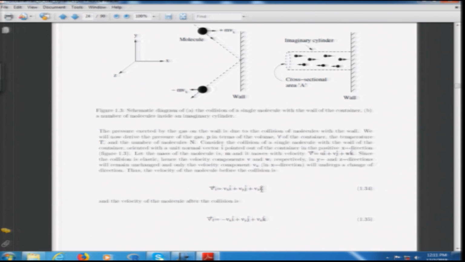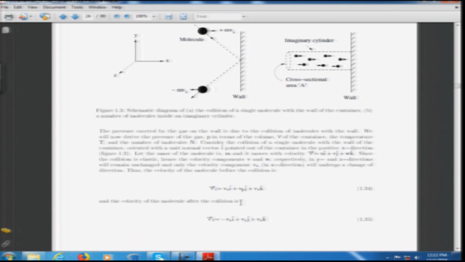After the collision, since the velocity components in the y and z directions are constant and do not experience any change, the final velocity we can express as minus vx i plus vy j plus vz k.